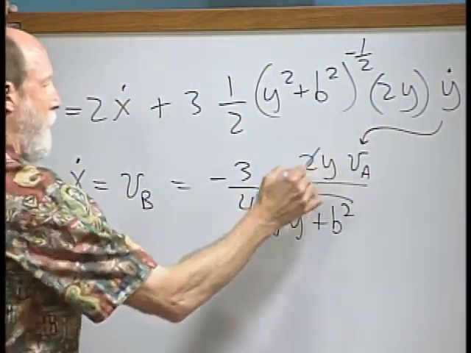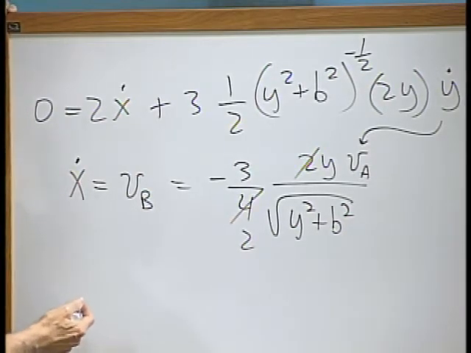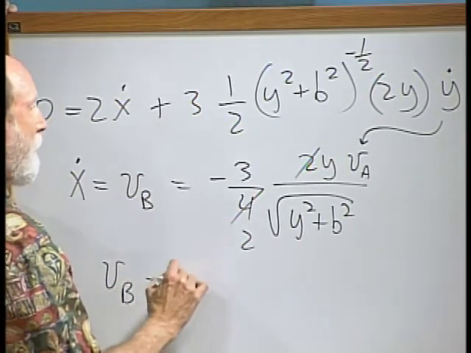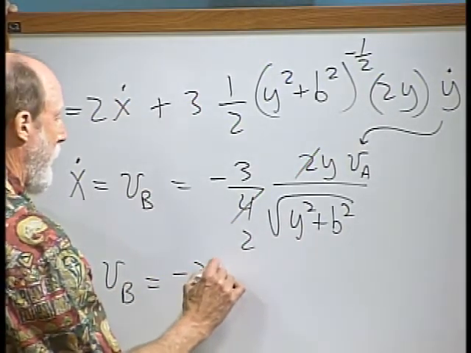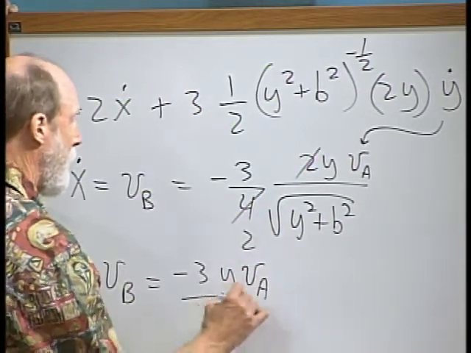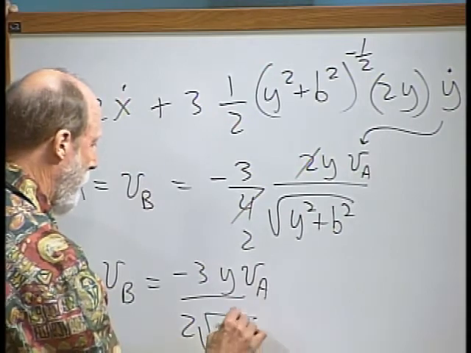We can reduce the 2 out, and that should be the answer in the book. So the velocity of B is equal to negative 3 times position y times the velocity of A over twice the radical of y squared plus b squared.